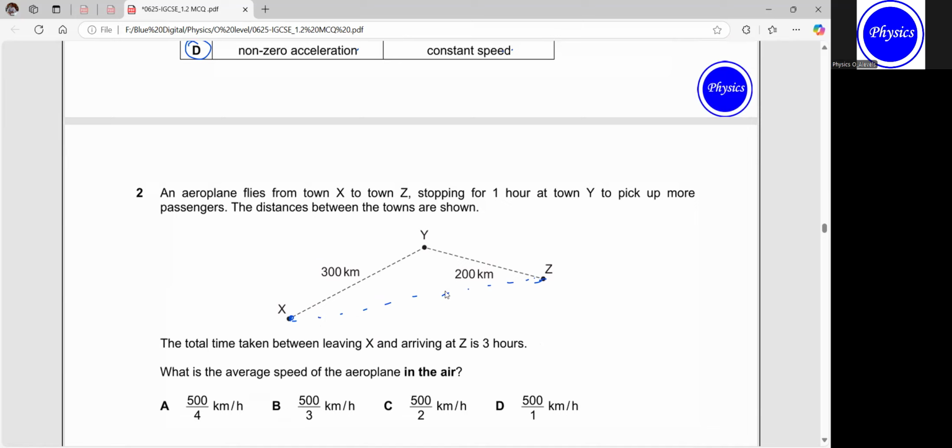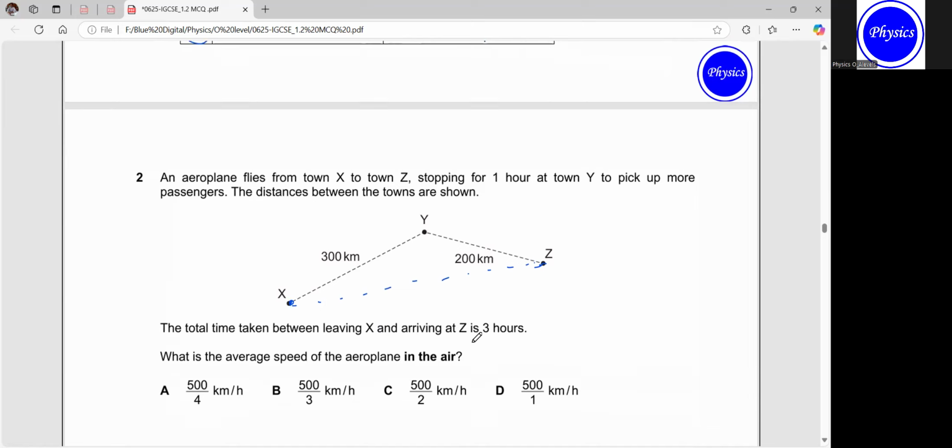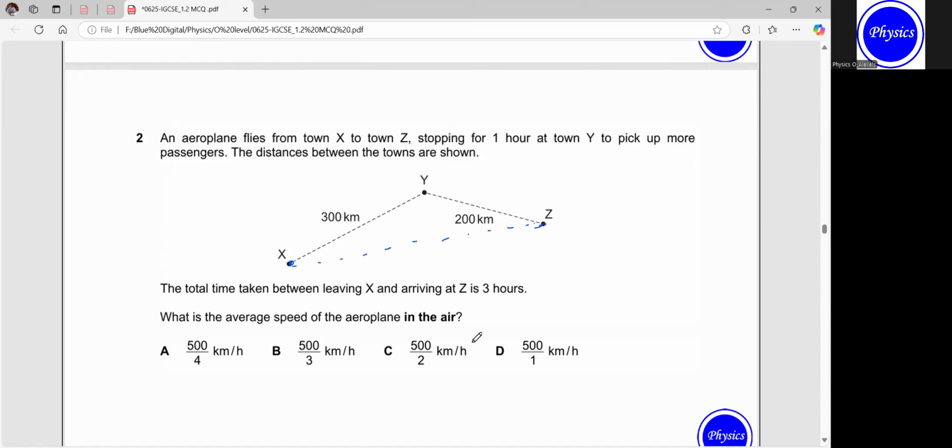It flies 300 kilometers to reach Y, then picks up some passengers, then comes to Z, which is 200 kilometers away. The total time taken between leaving X and arriving at Z is 3 hours. What is the average speed of the plane in the air?